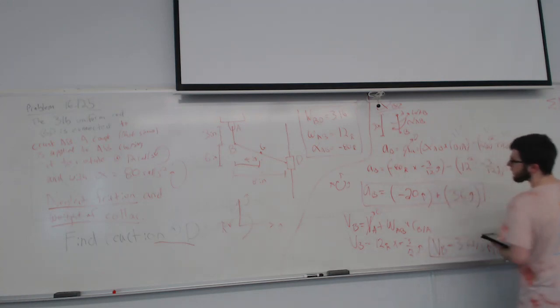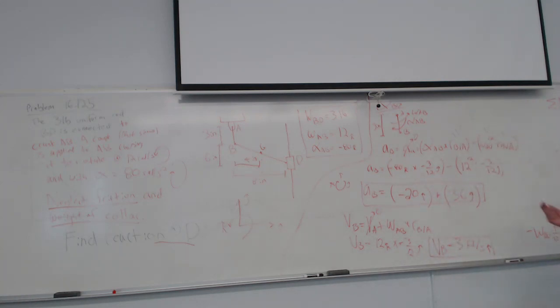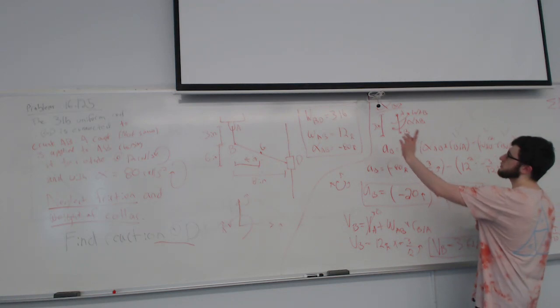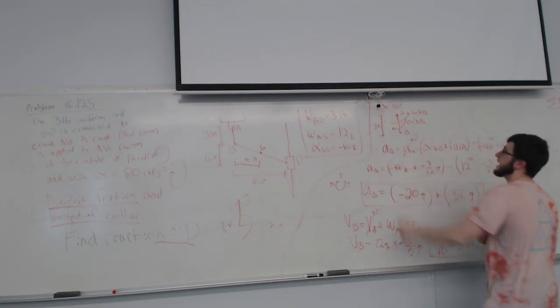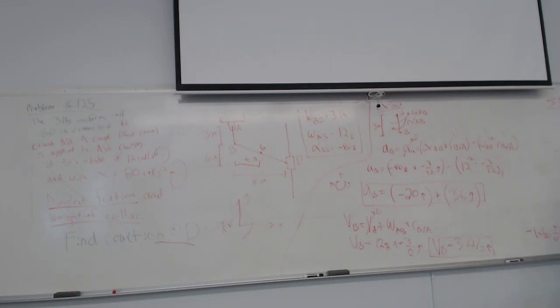Okay, so we have the acceleration of B and the velocity of B, which we are then going to use when we look at crank BD to eventually find alpha BD, right?